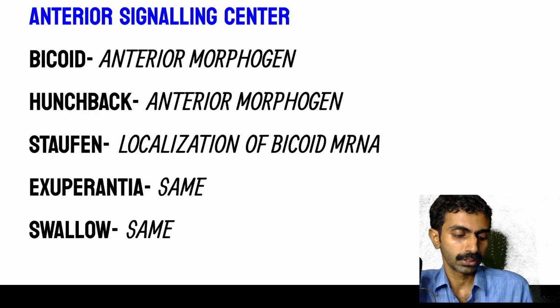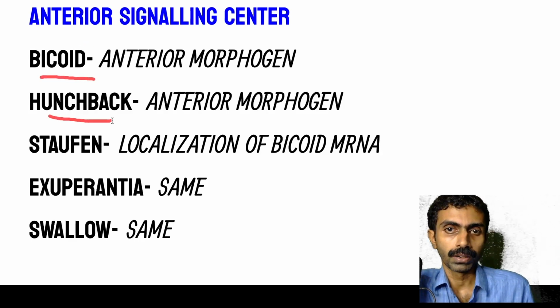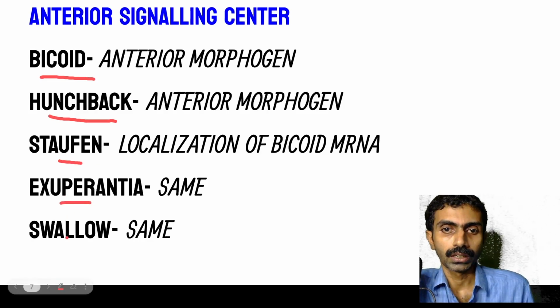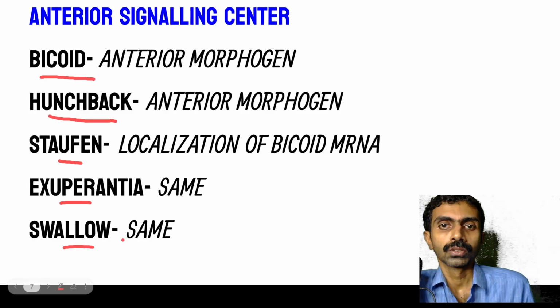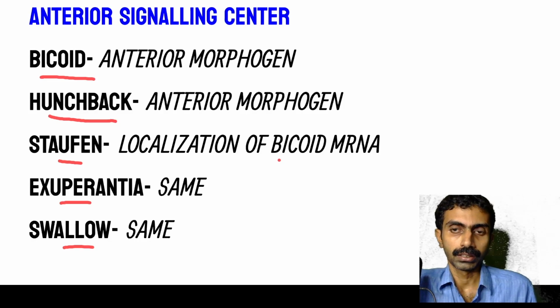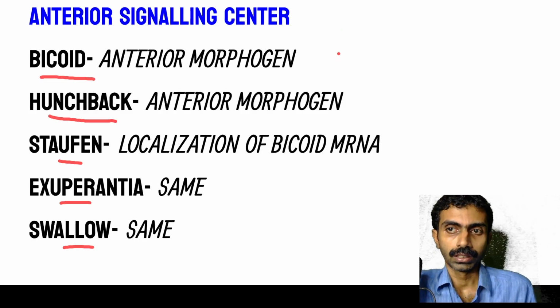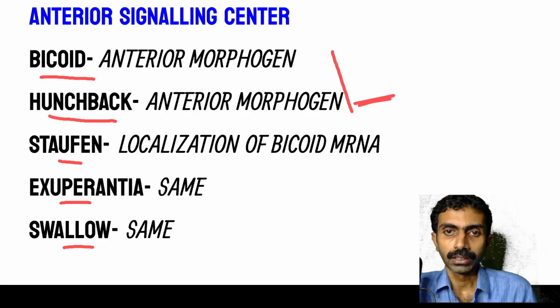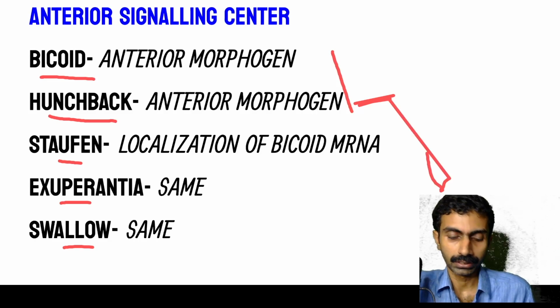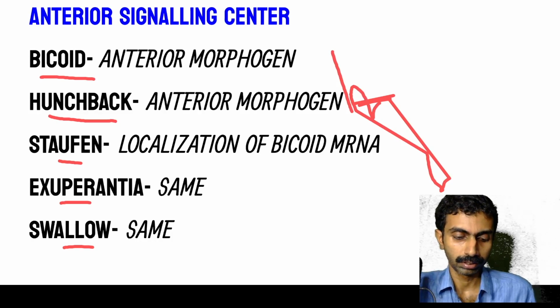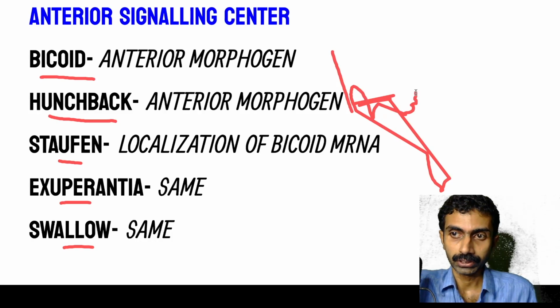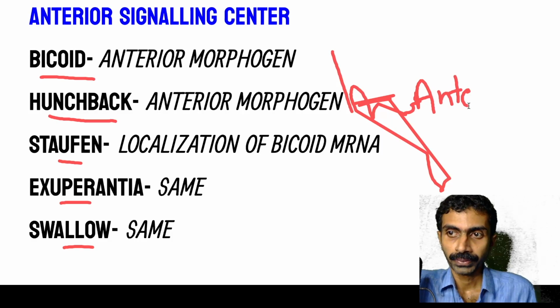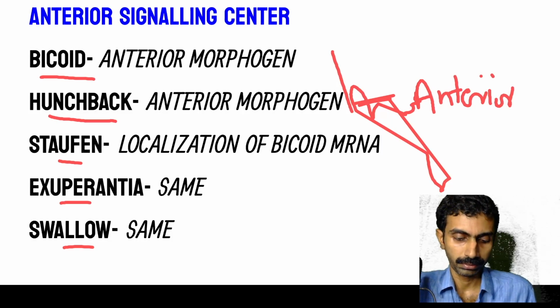The major genes are bicoid, hunchback, Staufen, exuperantia and swallow. Bicoid and hunchback play the most crucial role, and these two are known as the anterior morphogens. That means where hunchback is expressing, that region becomes the anterior side.